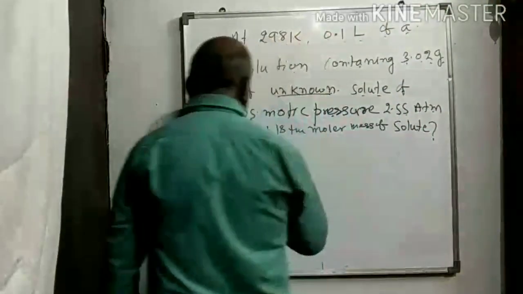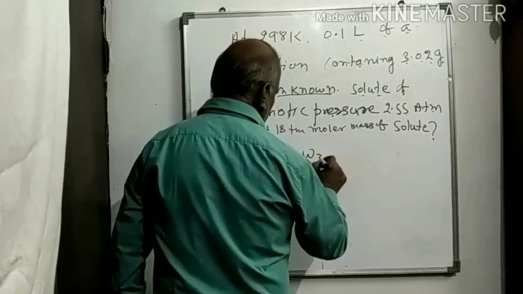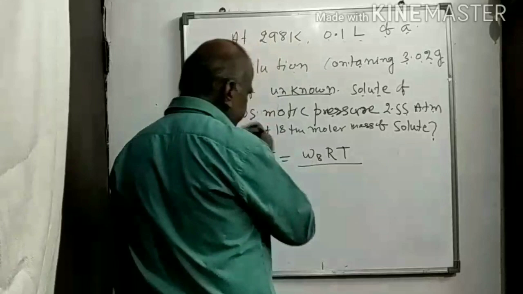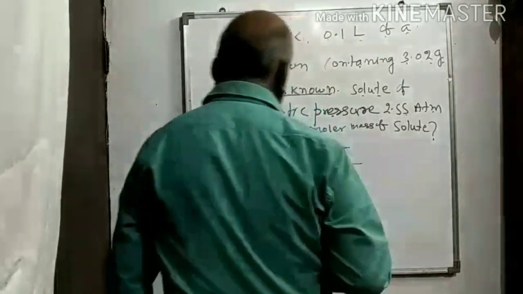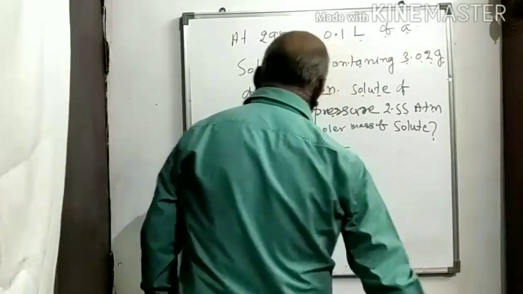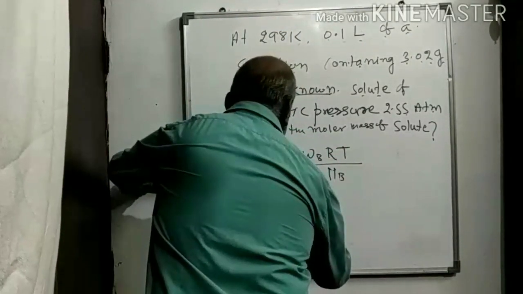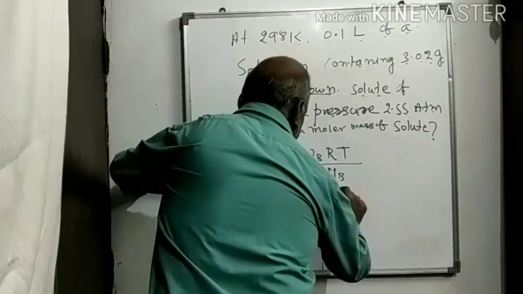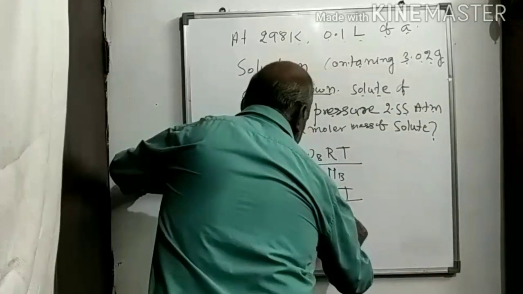As we know the formula, pi is equal to WB R into T upon V into MB. Thus, MB is equal to WB R into T upon V into pi.